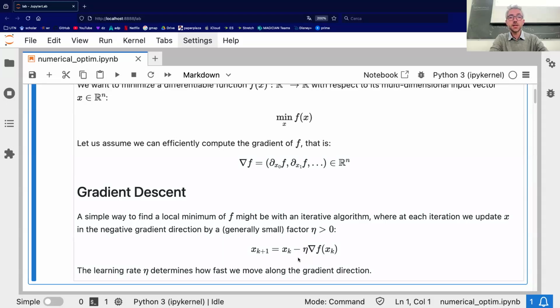So this value eta is a scalar value, positive, which you need to define, and it's typically going to be quite small. This is what is called the learning rate in deep learning and more general machine learning algorithms.